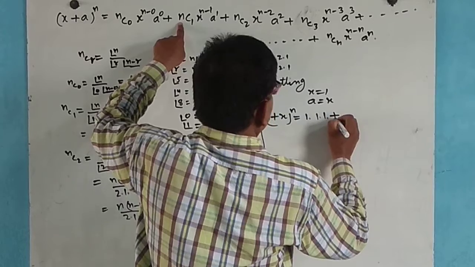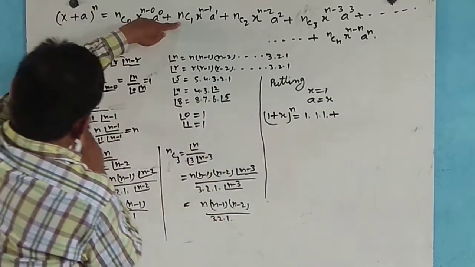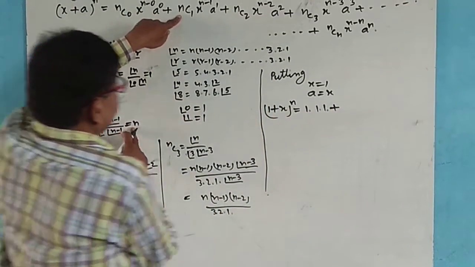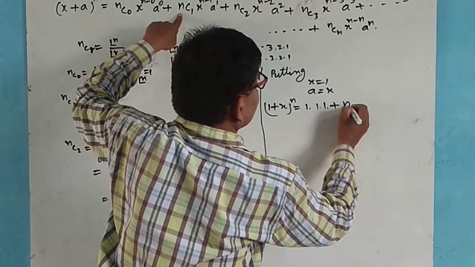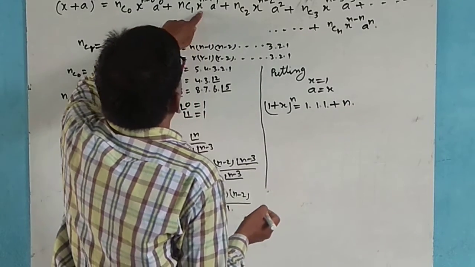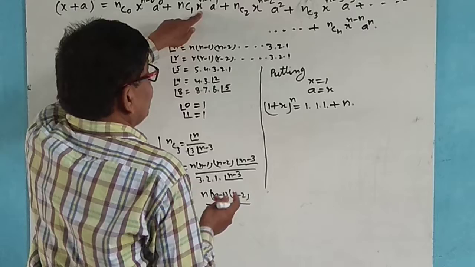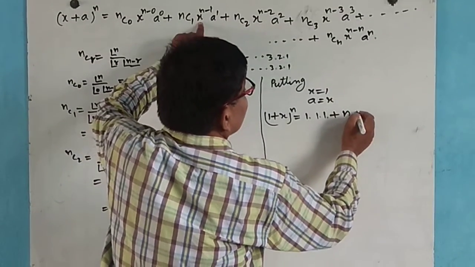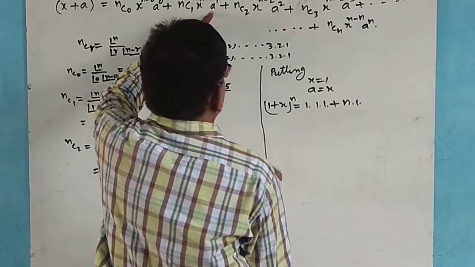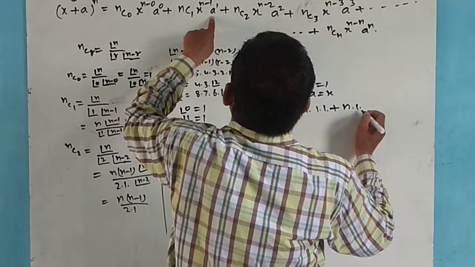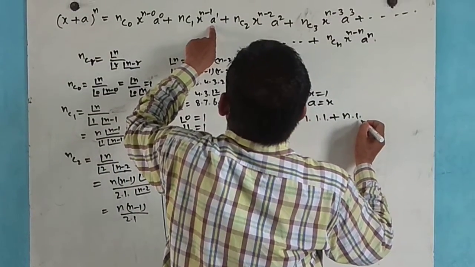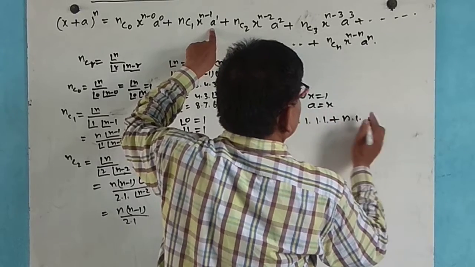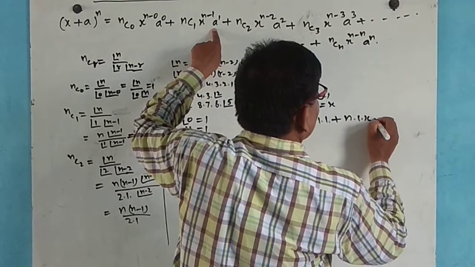Now plus nC1 equal to n, and 1 to the power n minus 1 equal to 1, and a replaced by x, so that here n x.